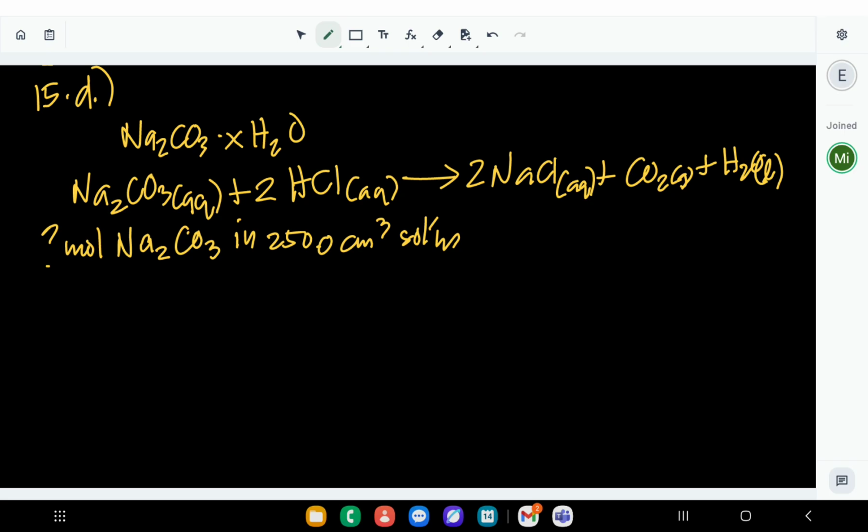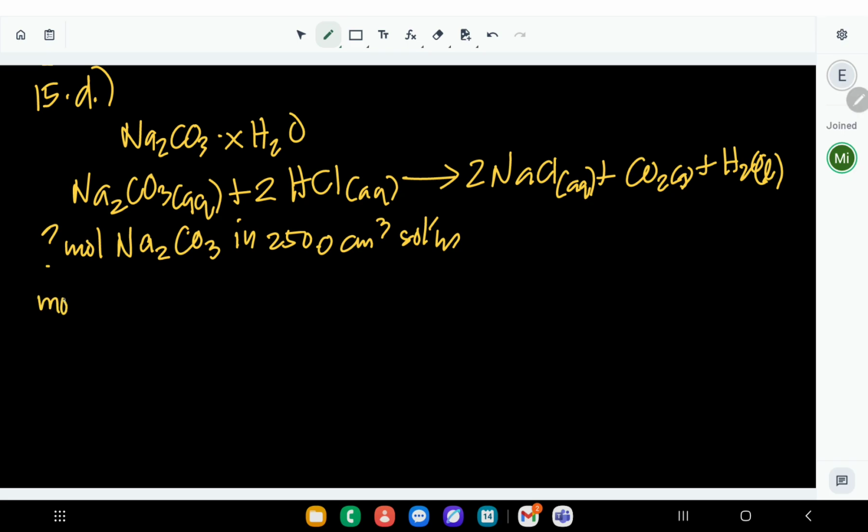The first thing we do here is we solve for the number of moles of hydrochloric acid per given 25 cubic centimeter of liquid. 25 cubic centimeter portions of solution were titrated, so it's just a portion.